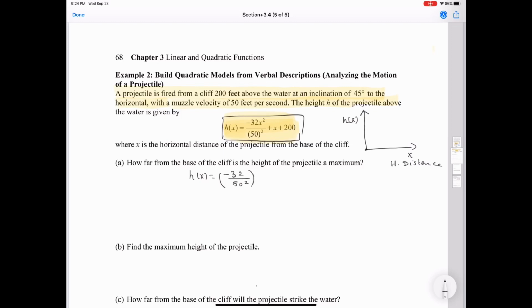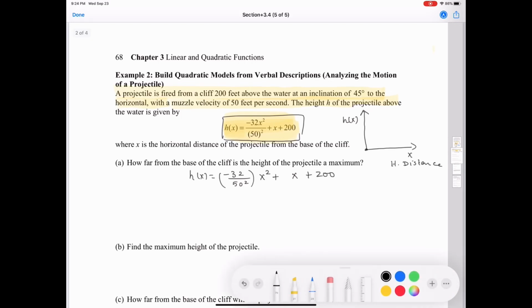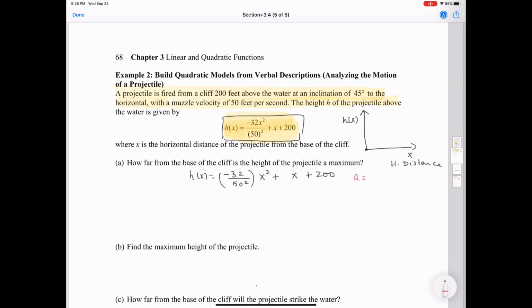Negative 32 over 50 squared is my a value, x squared, plus b value is 1 because it's x, plus c is 200. I am going to use the same formulas that we used in 3.3 to find the vertex. a is negative 32 over 50 squared, b is 1, and c is 200.